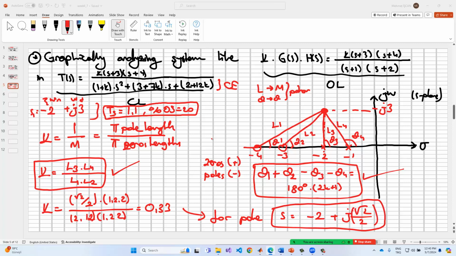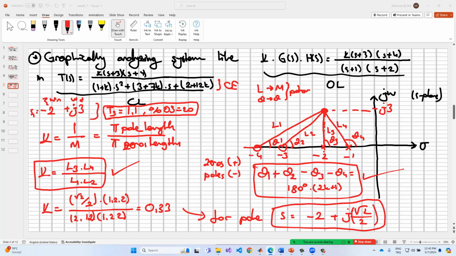But we cannot easily set this K value because this geometry maybe does not permit us to locate this pole, from the system properties. Okay?